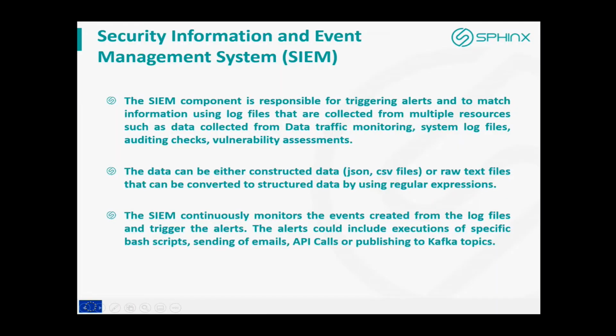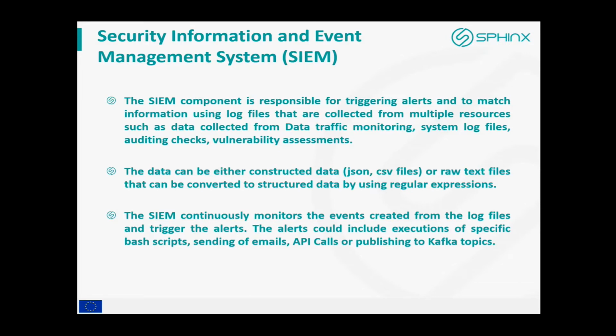To begin with, the SIEM component is responsible for triggering alerts and collecting data from log files from multiple resources, like the DTM, and system log files provided on host operating systems, from Windows machines and Linux machines. Any log files that are collected are parsed on the SIEM in order to aggregate data, and by using a condition system to raise alerts.